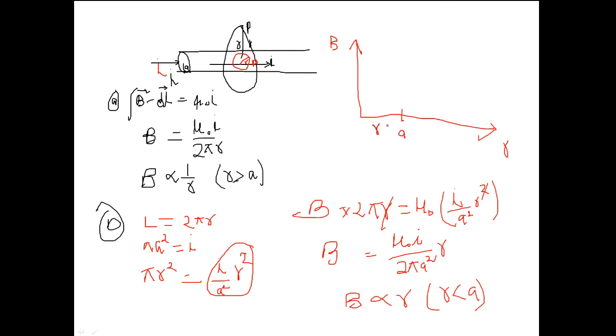So on this side r is less than a, and on this side r is greater than a. So when r is less than a, it is a straight line. And when r is greater than a, then B is inversely proportional to r. So this is the graph.